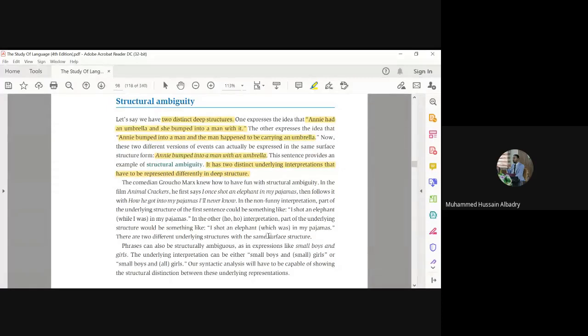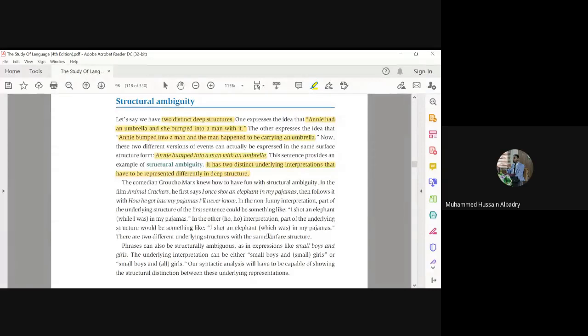So when you say he loves his dog more than his wife, in your mind maybe you mean that he loves his dog more than his wife loves the dog. He loves his wife more than she loves the dog. Or another interpretation: he loves his dog more than his wife, he cherishes the dog more than his wife.